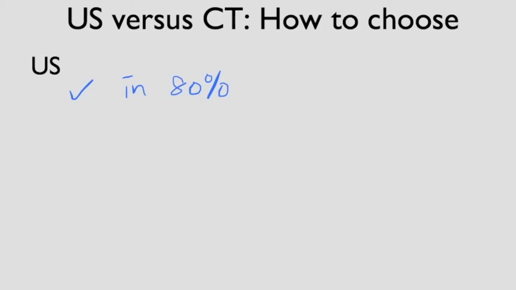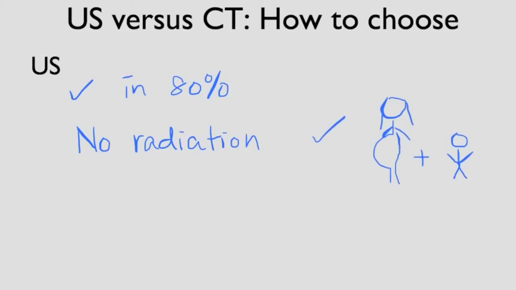Ultrasound has a big advantage of no ionizing radiation, making it a perfect choice for pregnant patients and younger patients. The problem with ultrasound is that it's very dependent upon the body habitus of the patient. The ultrasound waves have to get to the appendix.